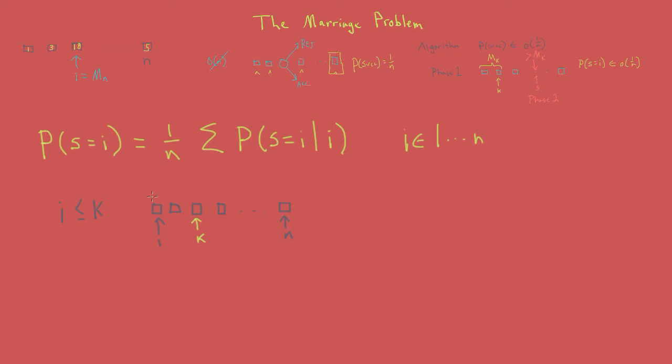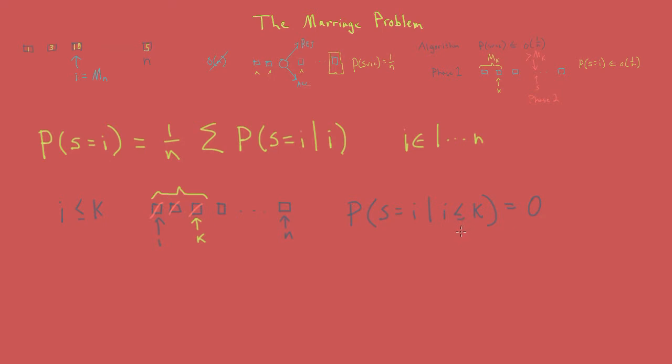And so we're assuming I is somewhere in one of these objects. Now, by the specification of the algorithm in phase 1, we unconditionally reject all of these objects. Therefore, the probability that S equals I given I is less than or equal to k is 0.